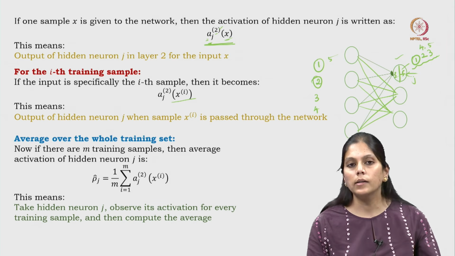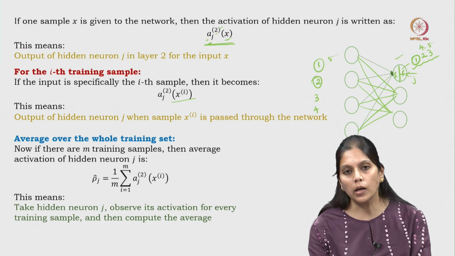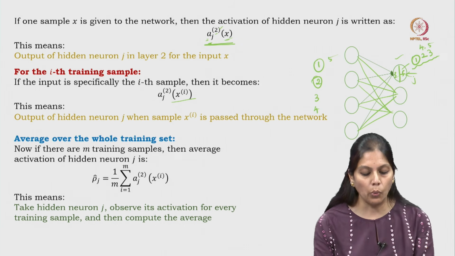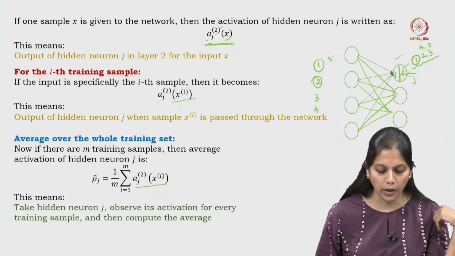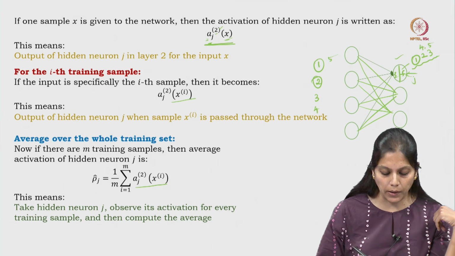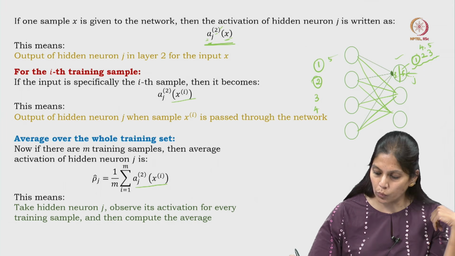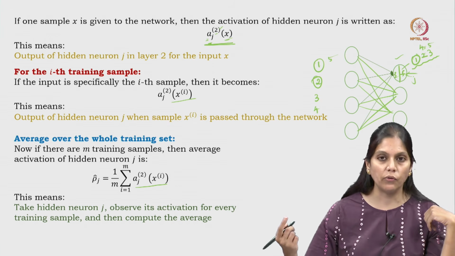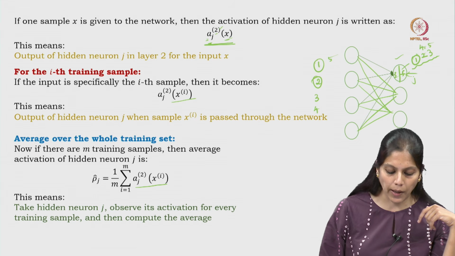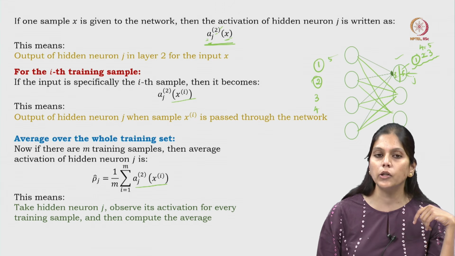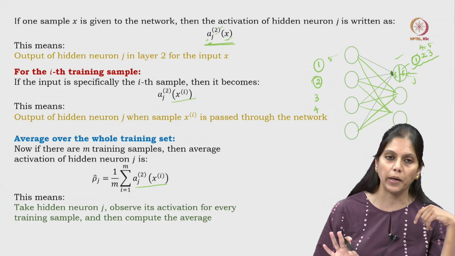So can you look at this average over the whole training set? How will you take the average? This is for a specific ith one. The average over m samples is: add up all of this, 1 plus 2 plus 3 plus 4 plus 5, all the values which are coming at that particular neuron. Add up all of this and then take the average, 1 divided by m, or whole divided by m.